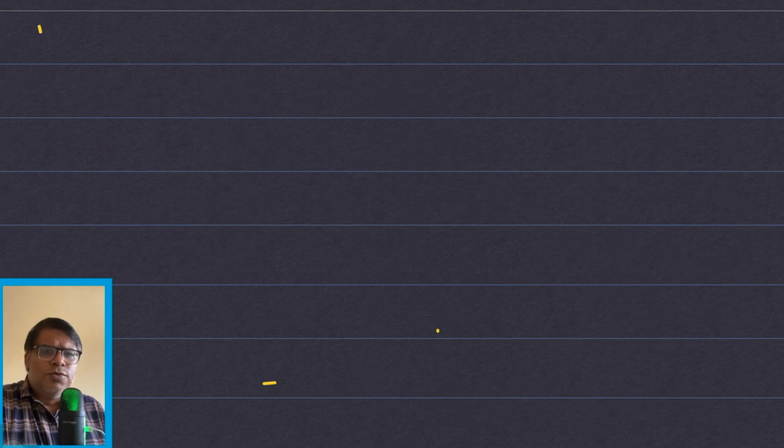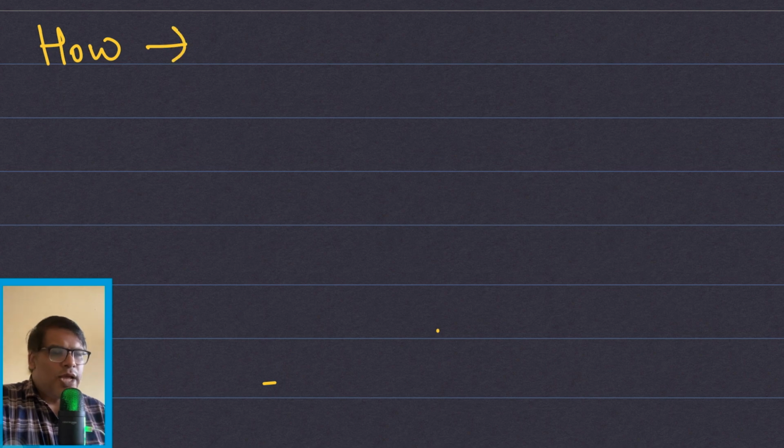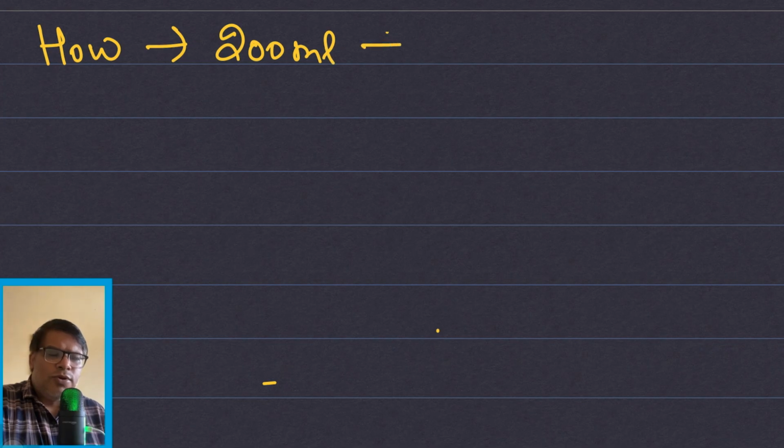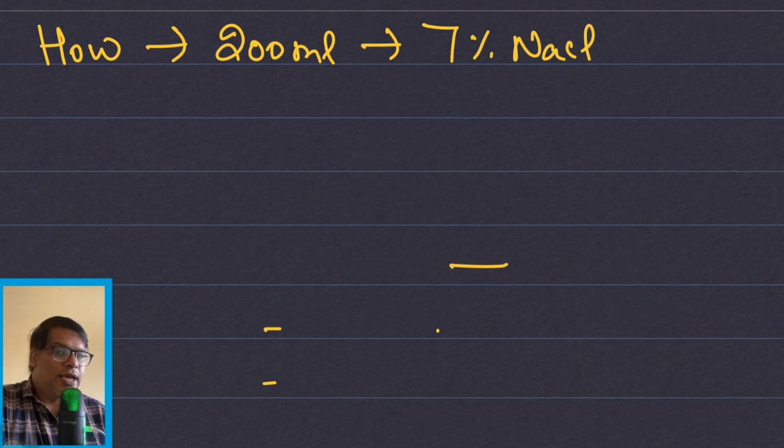Now let us move to the next question. How are you going to prepare 200 ml of 7% NaCl? Try to see here, NaCl, sodium chloride, is solid.